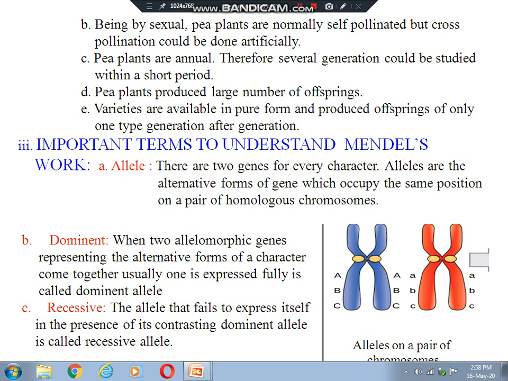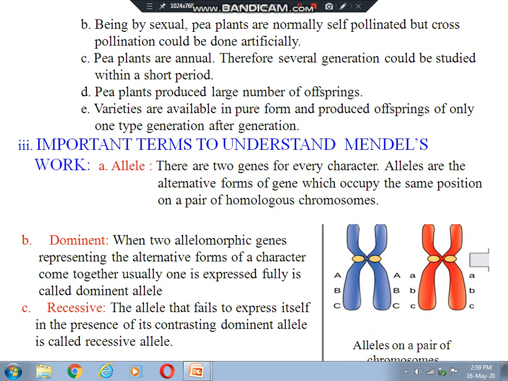Then the character will be pure. If both the alleles are same, that means the character is pure, and if both the alleles are not same, both dominant and recessive alleles are there, that means it is a heterozygous character, and the same allele having the same allele is called a homozygous character. So I think you understood what is the definition of allele.